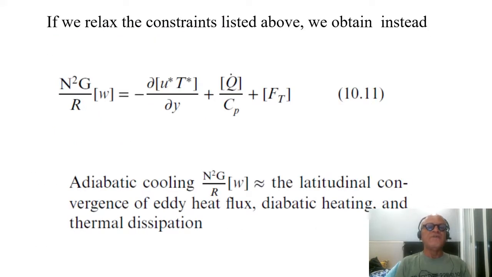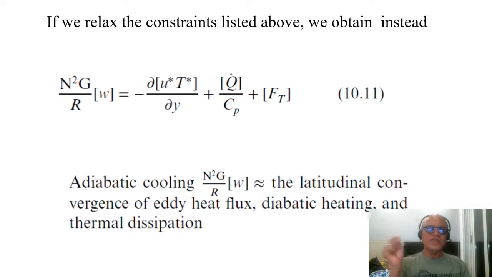But if we relax this constraint of steady, no diabatic heating, etc., then we can write the equation in a more complicated, fuller form. The adiabatic cooling term now has the eddy heat flux plus the diabatic heating and the heat dissipation.